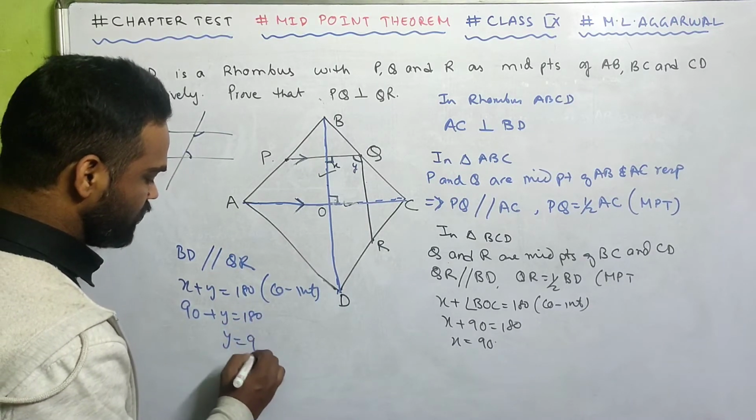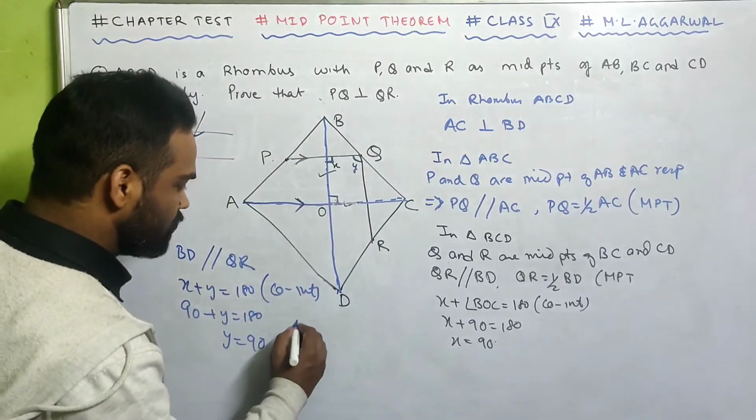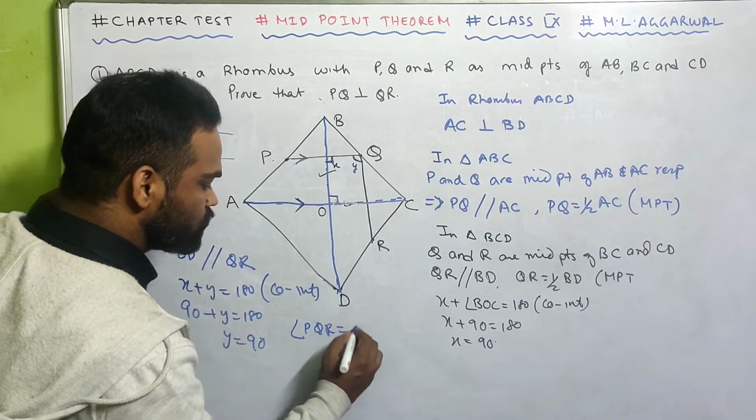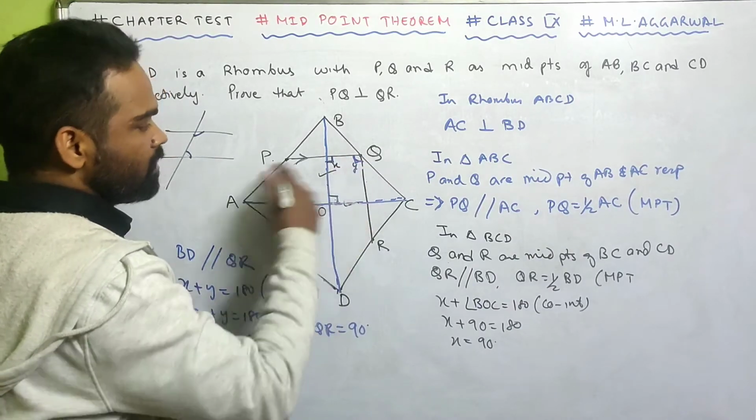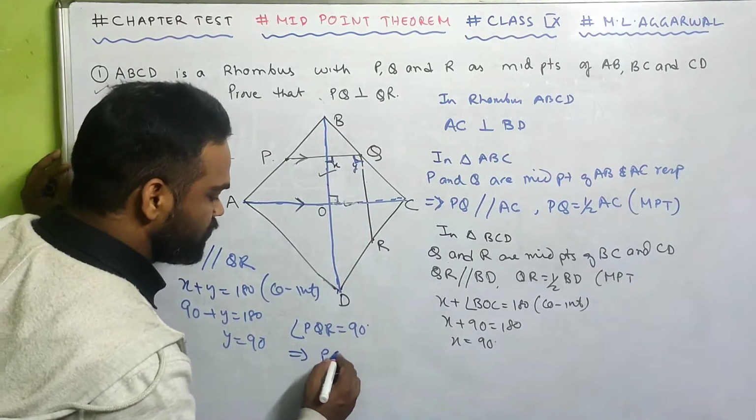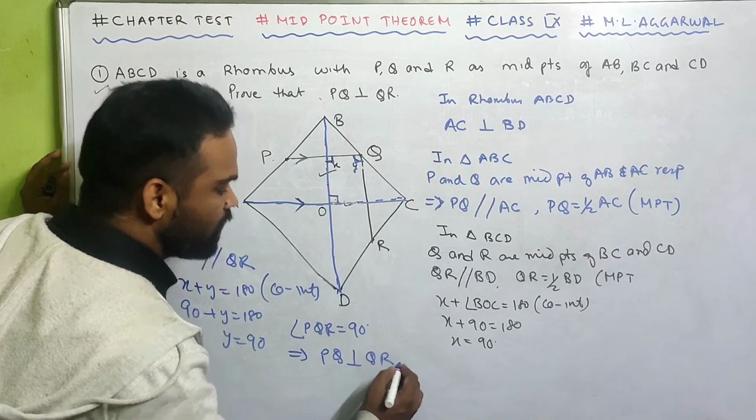So y equals to 90 degree, which means angle PQR equals to 90 degree. If this angle is 90 degree, then we conclude that PQ is perpendicular to QR.